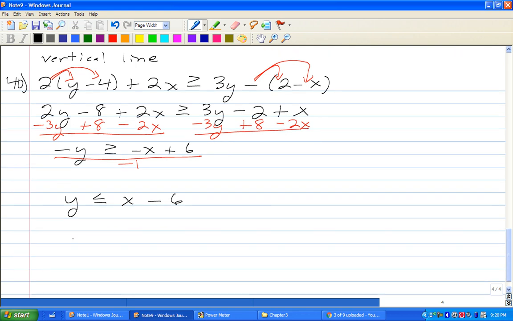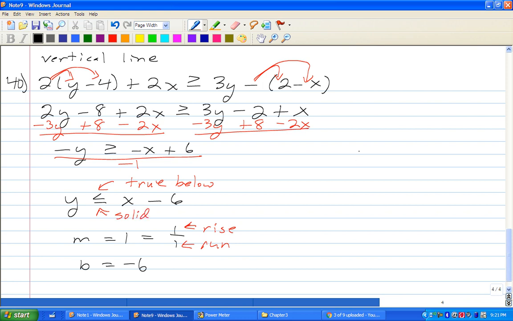So I get that the slope is 1 and the y-intercept is negative 6. So I have a rise of 1 and a run of 1 and a y-intercept of negative 6. This is going to be true below, and the boundary line will be a solid line.